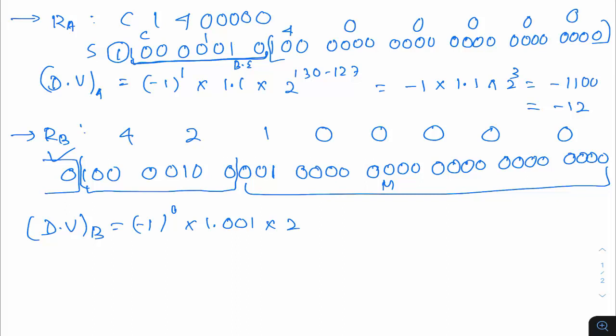Again, you find the decimal equivalent of this pattern, which happens to be 132 minus 127. So minus 1 to the power 0 is 1, into 1.001, into 2 to the power 5. If you put 5 here, this is how much?